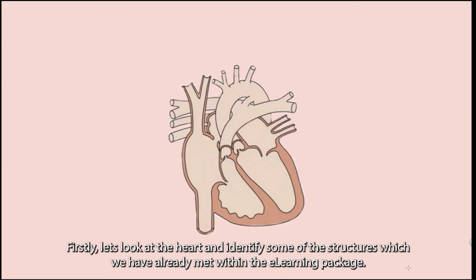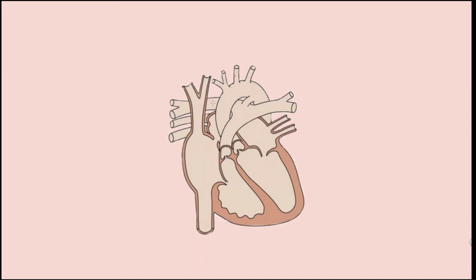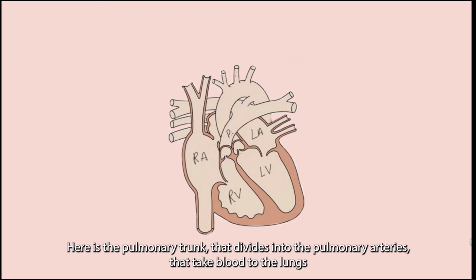Firstly, let's look at the heart and identify some of the structures which we have already met within the e-learning package. We have the right atrium and the right ventricle, the left atrium and the left ventricle. Here is the pulmonary trunk that divides into the pulmonary arteries that take blood to the lungs.